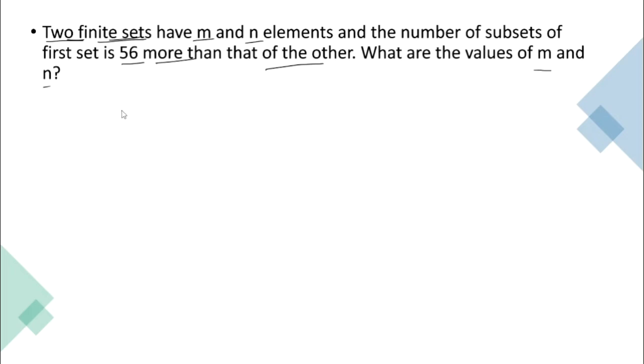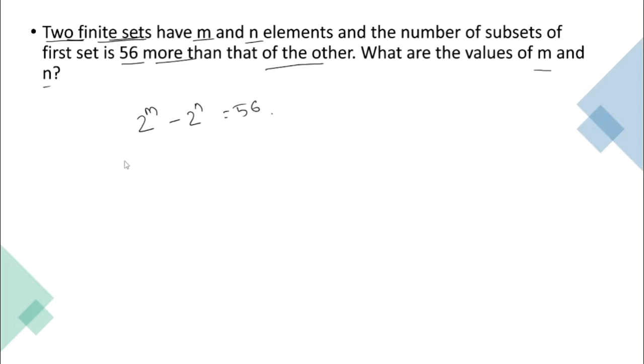Now, we know that if a set has m elements, then it will have 2 to the power m number of subsets. The first set has 2 to the power m subsets, and the second set has 2 to the power n subsets. It is also given that the difference between the number of subsets of both sets is 56.